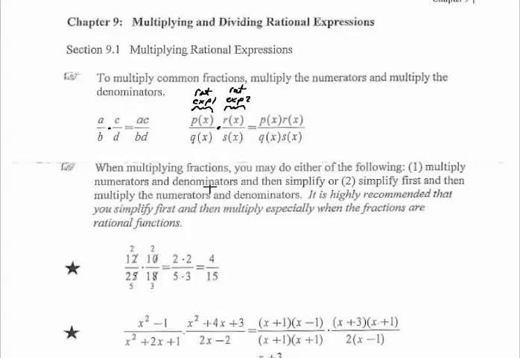The two top polynomials multiply to give us the numerator of the product, and then our two bottom polynomials multiply to give us the denominator of the product.